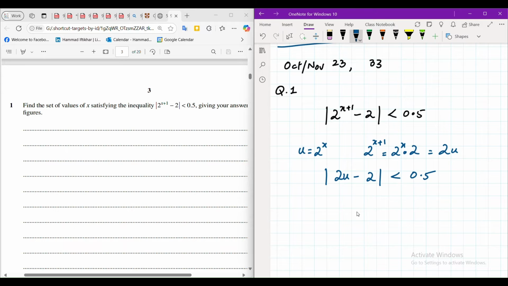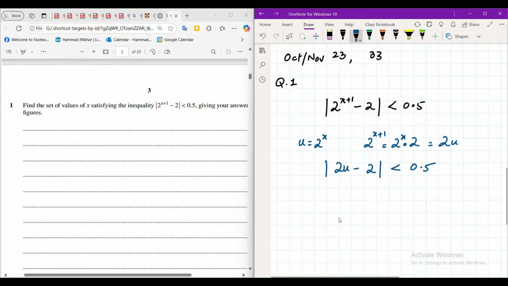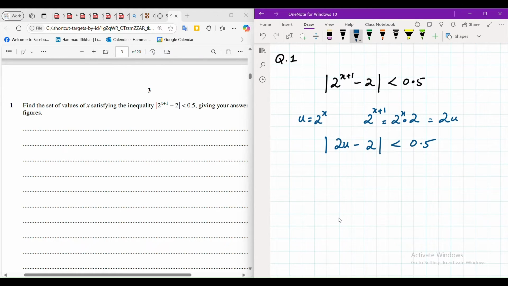So now we solve this any way we want. I think the easiest way would be to just take the square. So 2u minus 2 squared less than 0.5 squared. We take the square on the other side: 2u minus 2 squared minus 0.5 squared less than 0. This is the difference of squares.